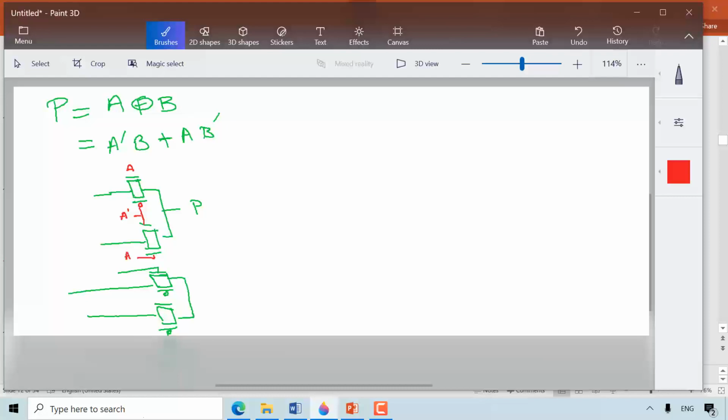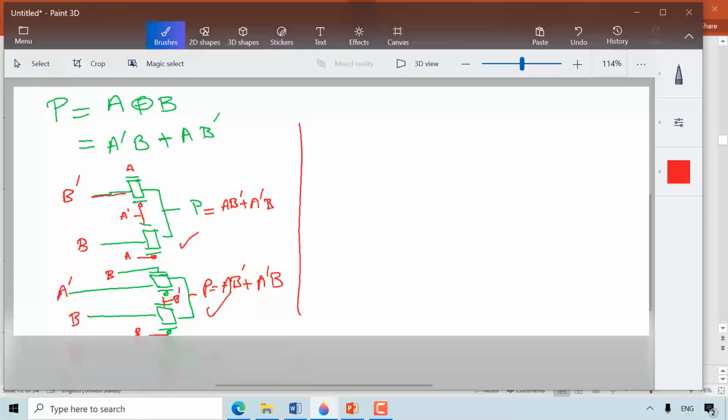One of the inputs A will allow B prime, or here, obviously it's a PMOS, and here the A prime will allow B. So if we look at the logic here, this will be A B prime or A prime B. I can use B as a control signal, so this is B, and this is here B prime, and this is here as well B, and then here this is A prime, and this is B. So the function here equals A B prime or A prime B. Both of these implementations are okay.